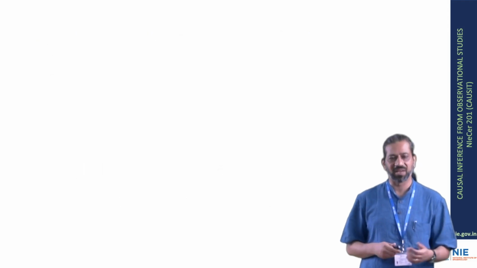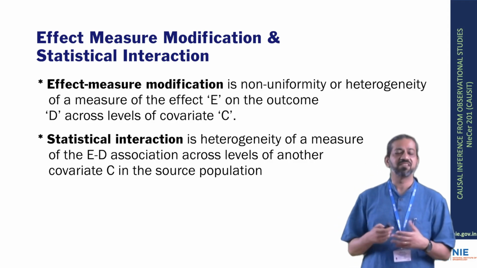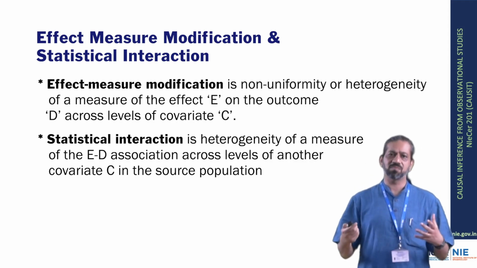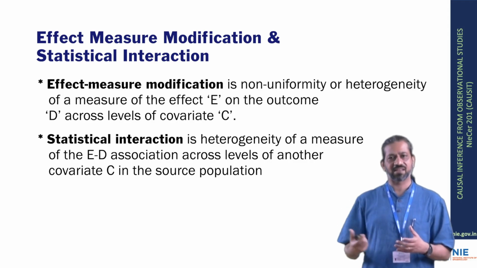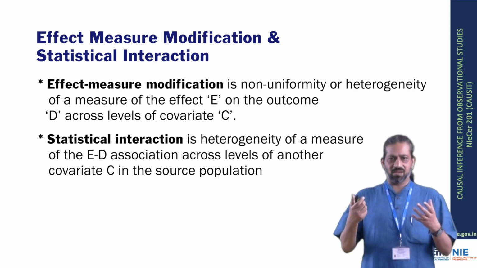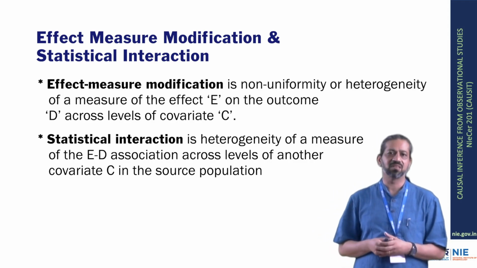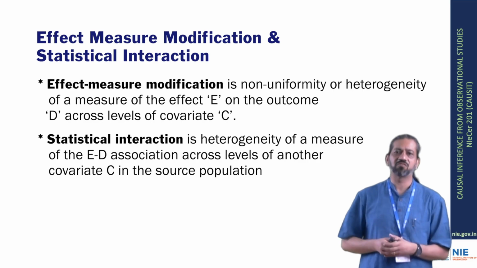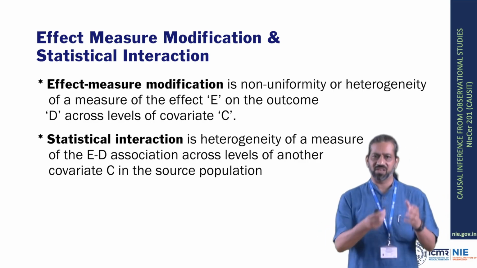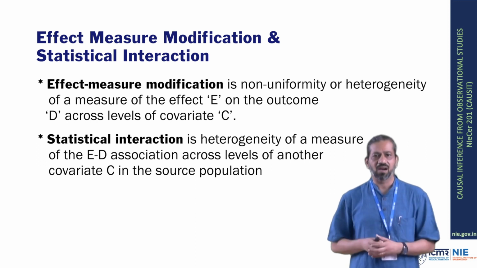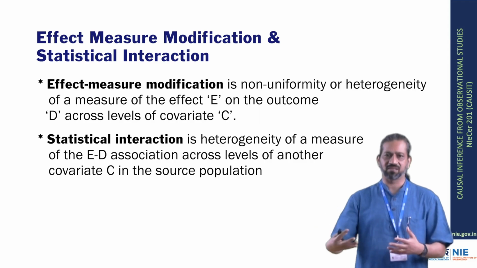Statistically, you might have also heard of the term interaction. So what's the relationship between this effect measure modification and interaction or statistical interaction? In reality, they are actually measuring the same phenomenon, wherein the effect measure modification is basically a heterogeneity in the measure of the effect on the outcome D across different levels of another covariate or a third factor.